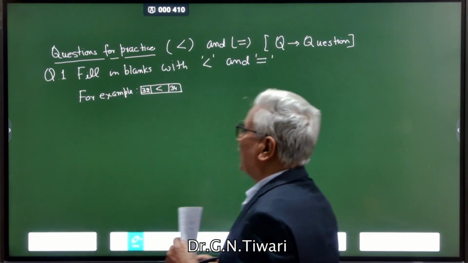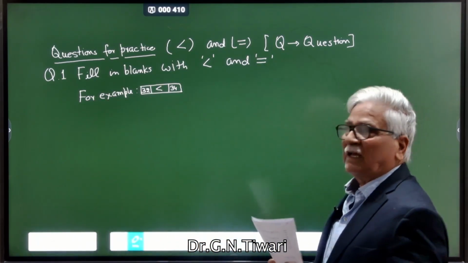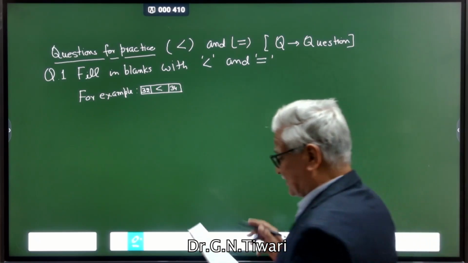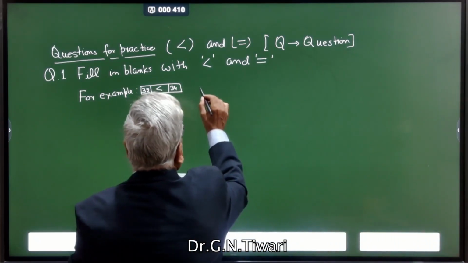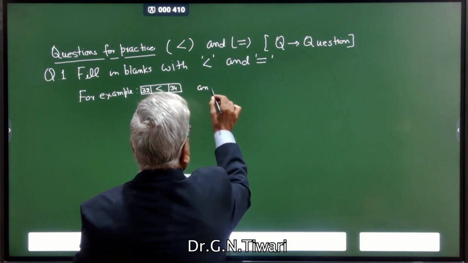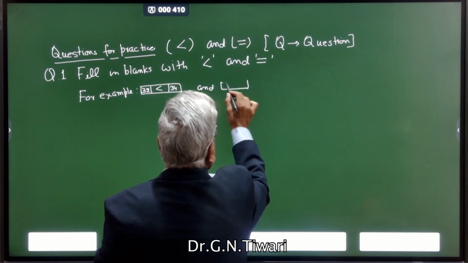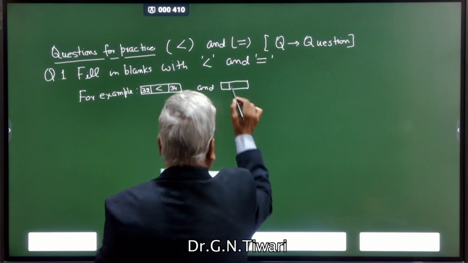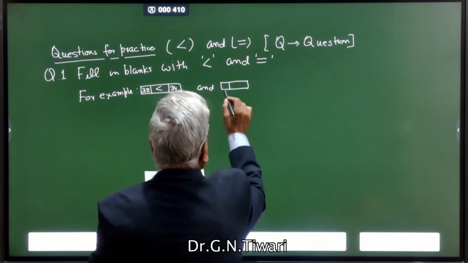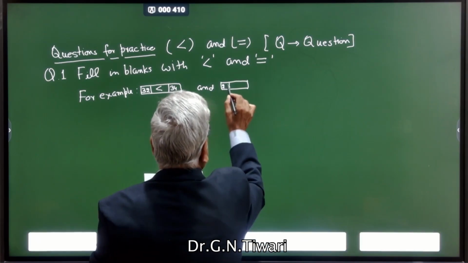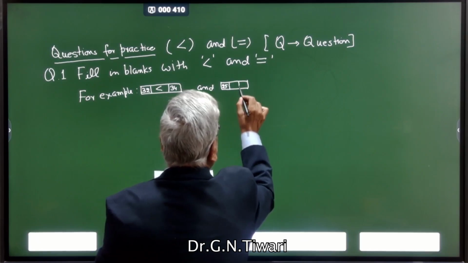Now, suppose a question is asked like this, and again make a block, 3 blocks. Here is 25, and here is again 25.